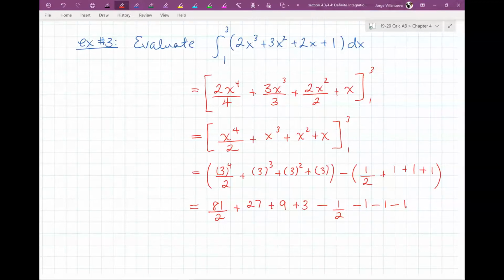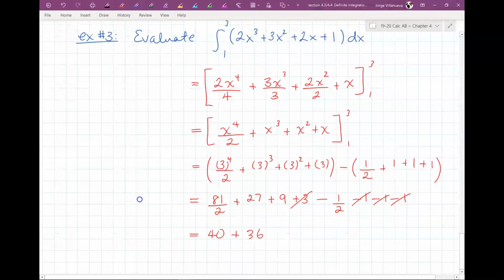So right now we'll put everything together. So 81 over 2 minus 1 over 2, that's 80 over 2. So it'd be 40. Now let's add the numbers and then we've got to subtract 1, 2, 3. So notice this positive 3 and the minus 1, minus 1, minus 1, that's gone. 27 plus 9, that's going to give me 36.